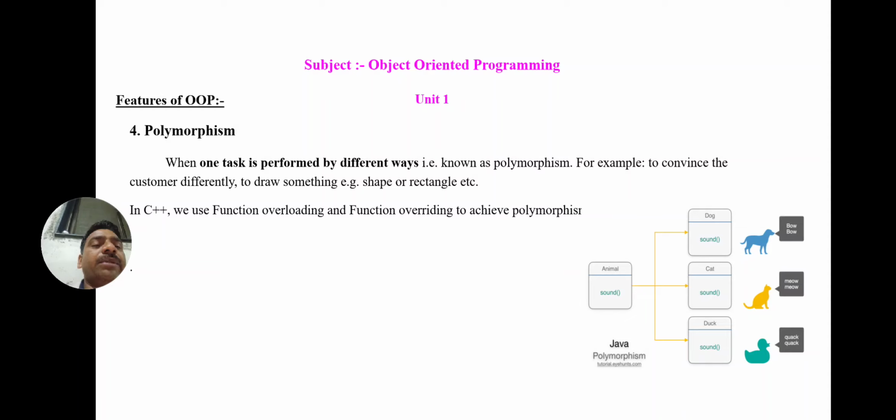Here an animal class is there, and they have the same property, that is sound, but the sound is different for dog, cat and duck. So these are the many ways.